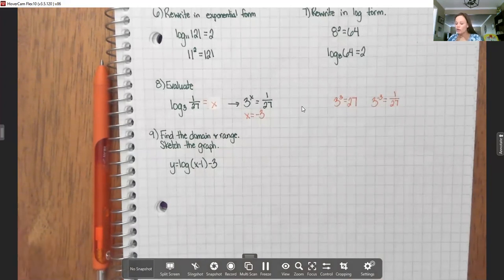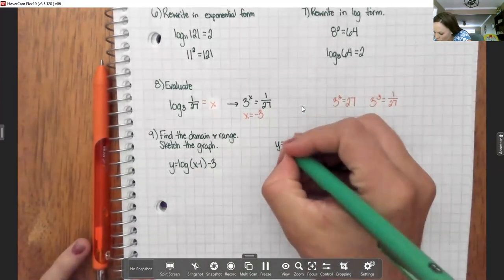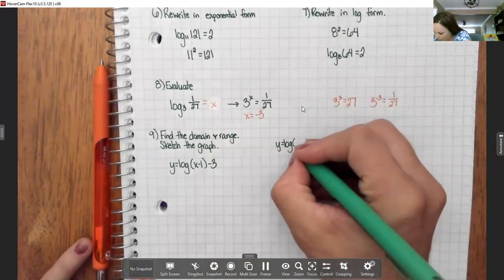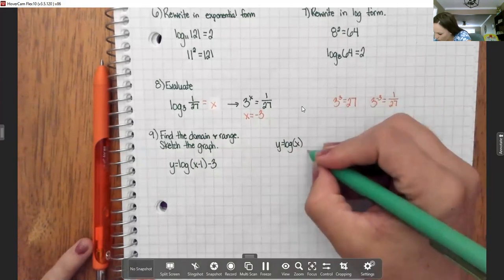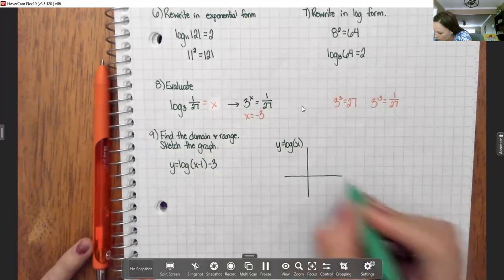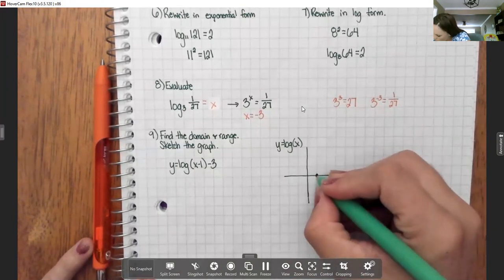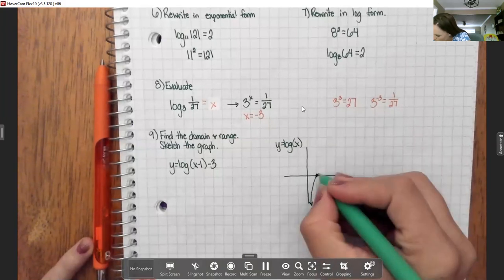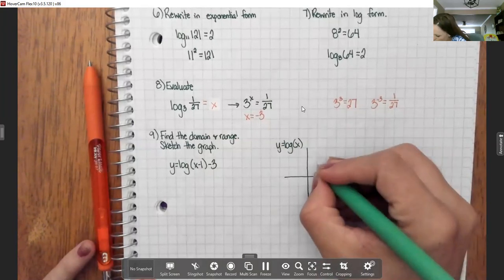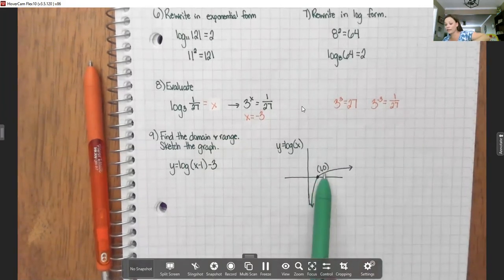Okay, so just to remind you, and I'll write it off to the side, if we just graphed y equals log of x, we know it looks like that, where it goes through the point 1, 0.